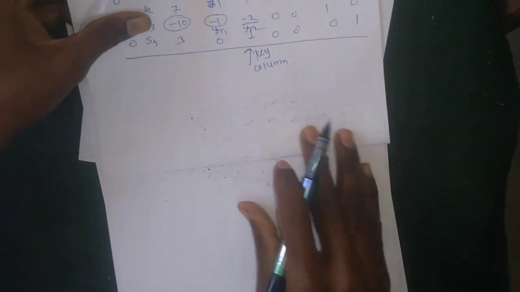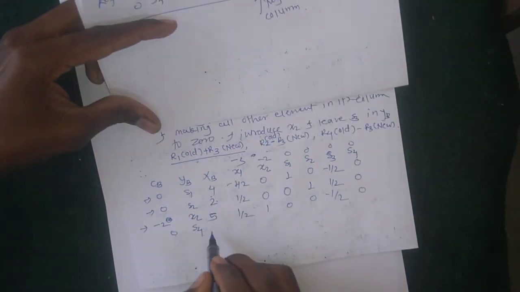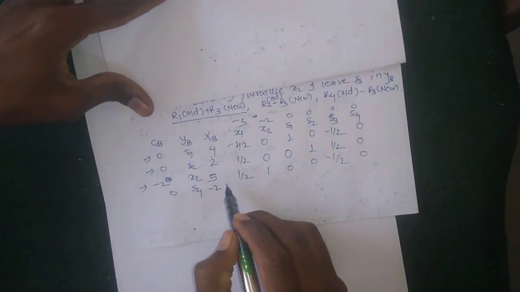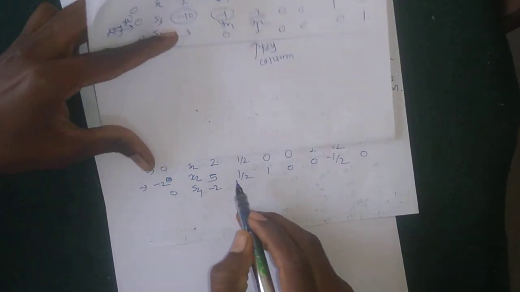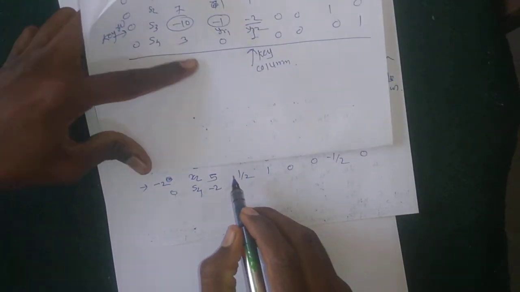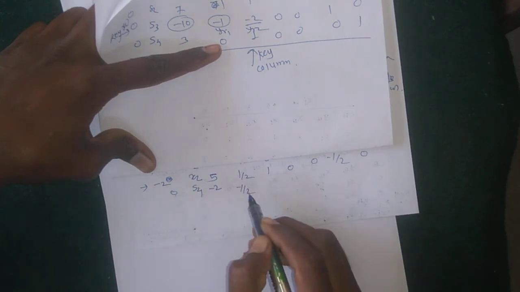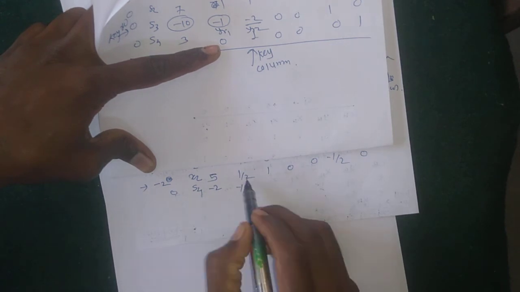Okay, and for the last row, 3 minus 5 is minus 2. Then 0 minus 1 by 2 is minus 1 by 2, and 0 minus 1 by 2 is 1 by 2.